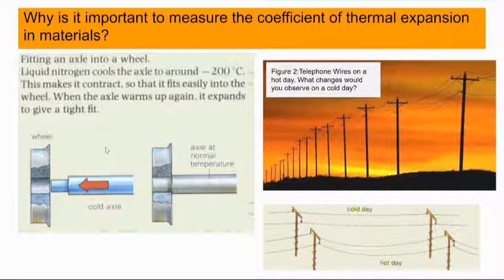If I want an axle to be tightly fitted into a wheel for a car, which certainly as a driver I want, because I don't want to be driving down the road at 70 miles an hour and have my axle fall out of my wheel, then how they do that in industry is they often cool it down using liquid nitrogen. Cooling it down instead of thermally expanding the material would thermally contract the material.